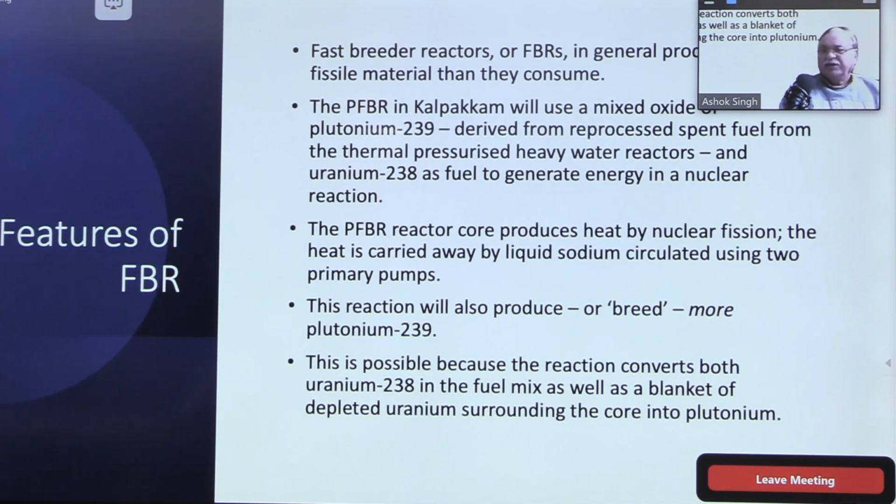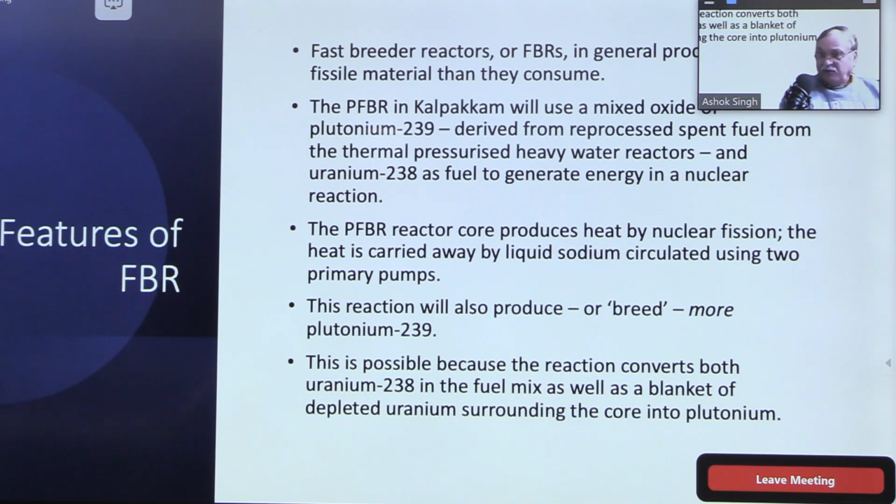Uranium-238 is not used in the PHWR. It is part of the waste material. So you combine the plutonium-239 that has been obtained from the fuel and the waste material uranium-238. React that with oxygen, make it a mixed oxide, and then use that in the PFBR.